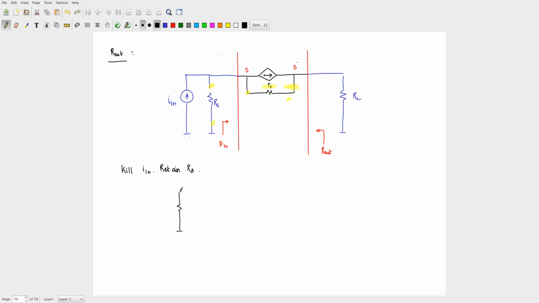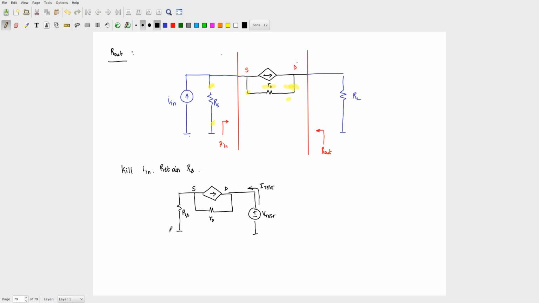I have that here, then I have that this way, R0, and you excite it with a test source and you look for the current that is flowing here. This is the source, this is the drain, and this is your R0, this guy is your RS. This we have done earlier actually, and you can very easily do it, right?